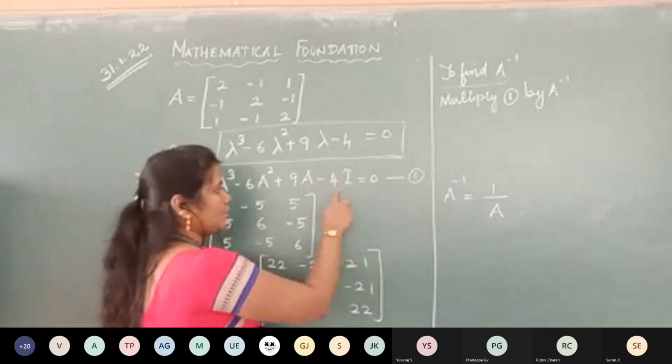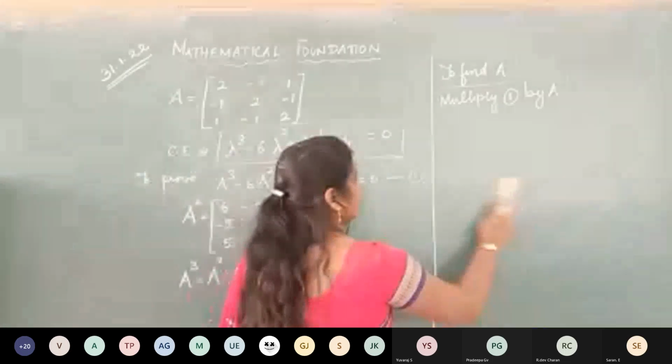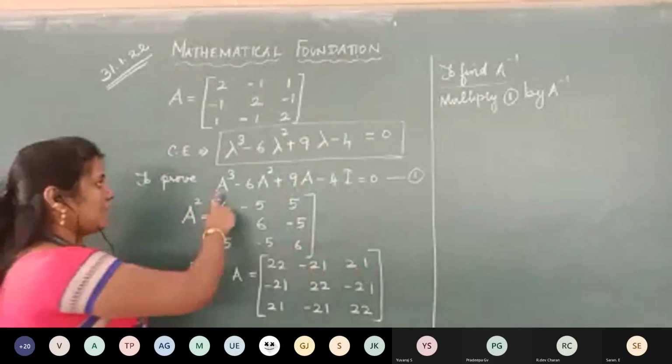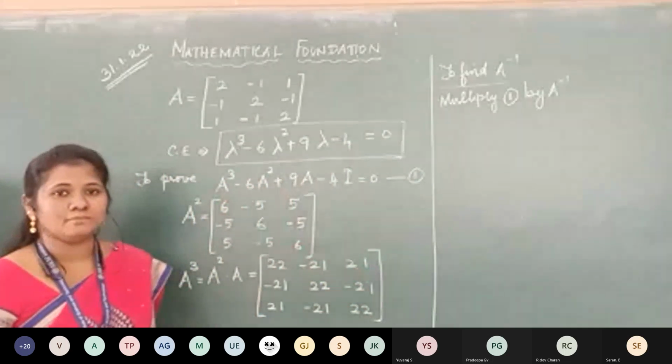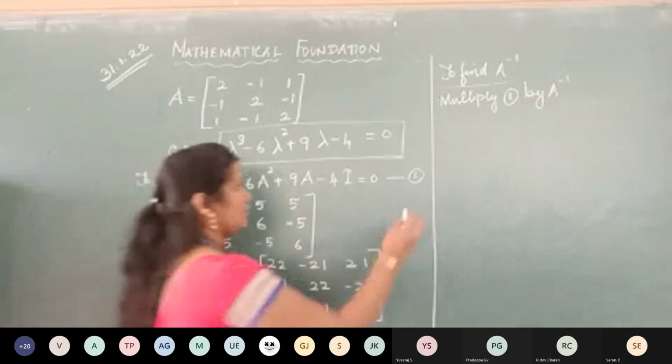So I'm multiplying this first equation with your A inverse. What do you get? When you multiply A cube into A inverse, it becomes A cube into 1 by A, so that will become A square.